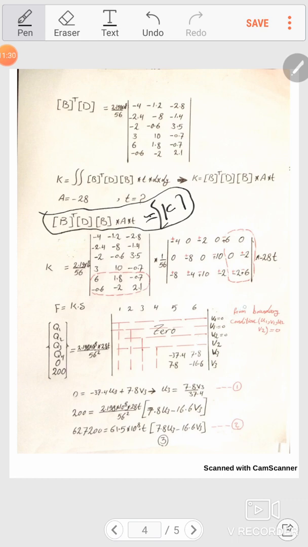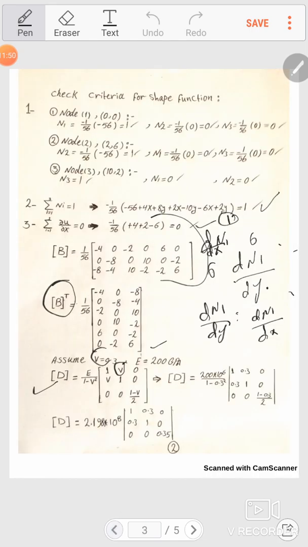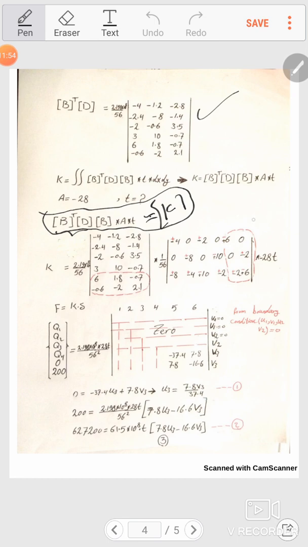Just substitute your values for B transpose, D, and B, you can go to the previous slide for B. For A, I already calculated it, and for t we don't have the value of t.